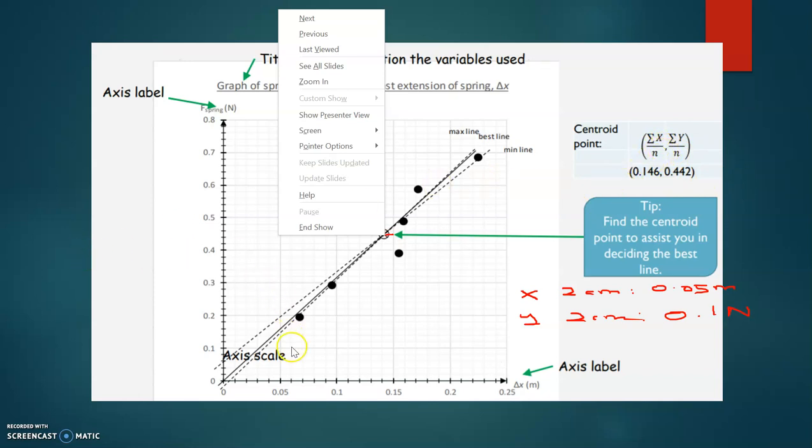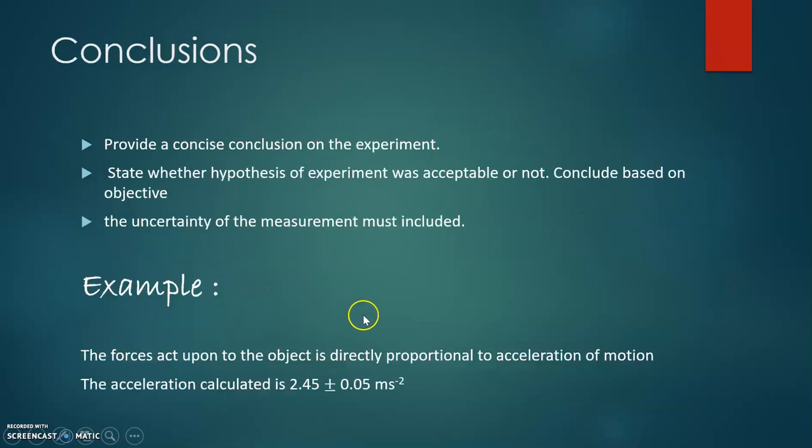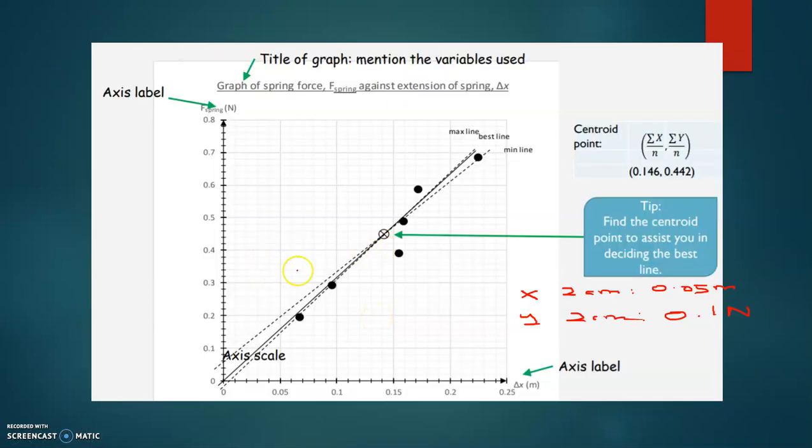For example here, the first point maybe 0.07, plus 0.09, plus 0.16, plus 0.17, plus 0.18, and plus 0.21, for example, 0.89. Then you divide it by 6, and then you get the value of the centroid at point x equal to 0.148.